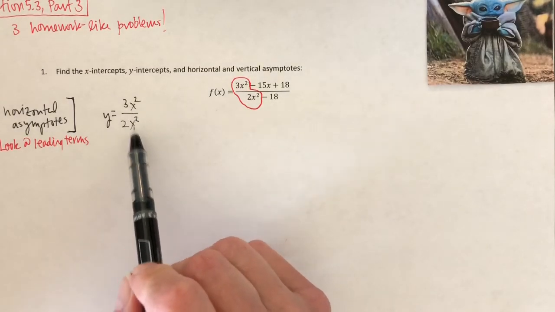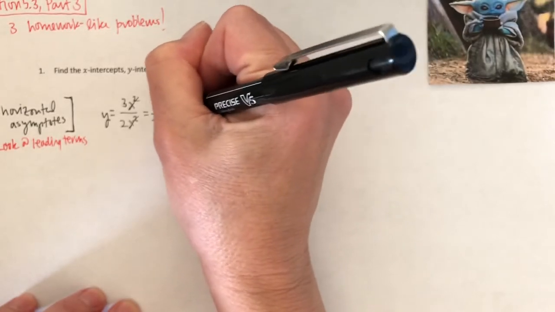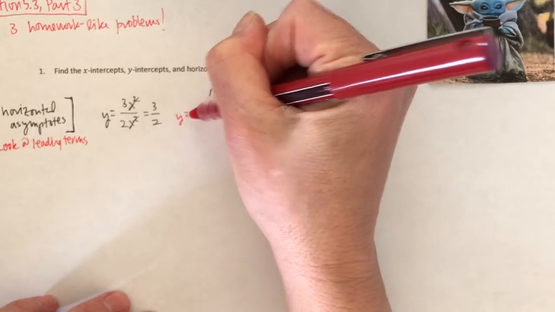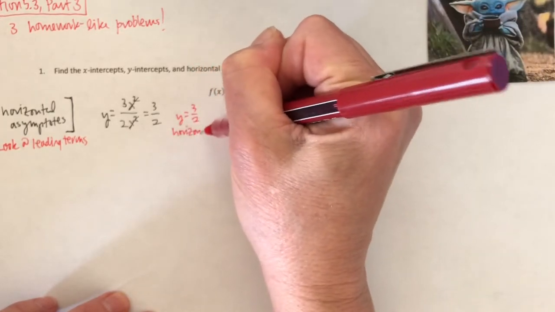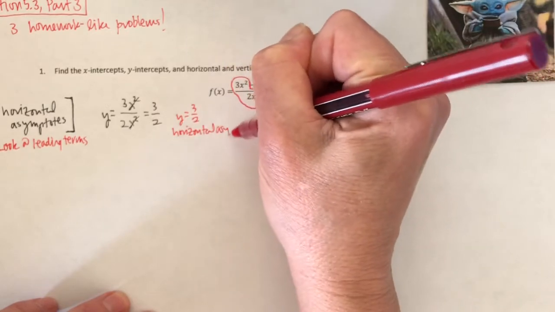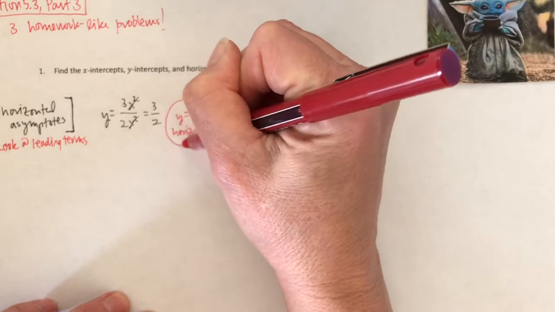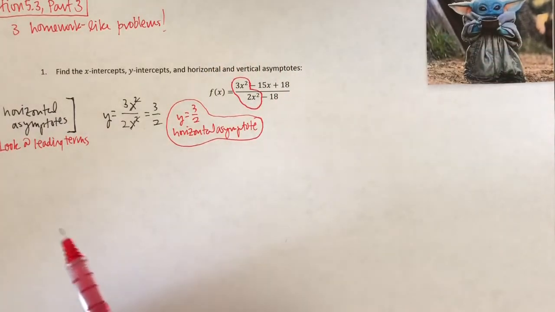These 2 variables cancel, and we get y equals 3/2. So y equals 3/2 is going to be the horizontal asymptote. That's what the function will tend towards as x gets larger, both positively and negatively.